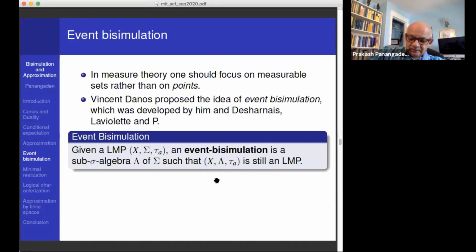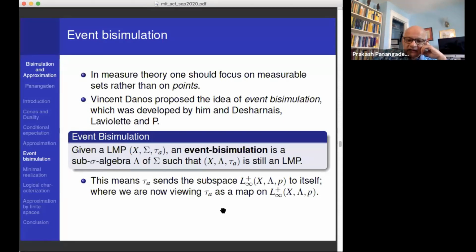So you can restrict to a coarser sub-sigma algebra, and you will still have all the same information that you had before. This is like collapsing by an equivalence relation, except it's now happening at the level of sigma algebras rather than at the level of points. So when you look at it from the dualized point of view as a Markov operator acting on L infinity plus, it sends the subspace L infinity lambda p, which of course is a subspace of L infinity sigma p, to itself.